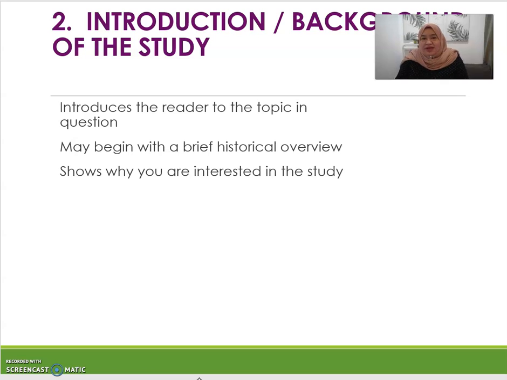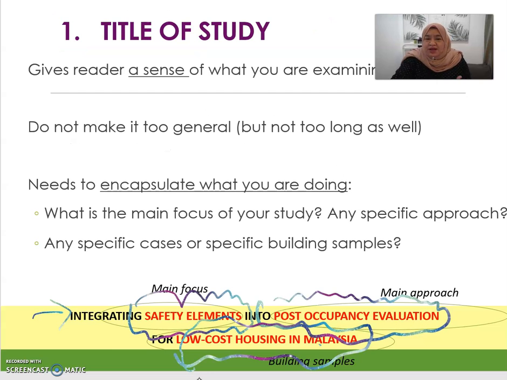Secondly, you have to look at how to write a good introduction and the background of a research. It's actually an introduction to a reader about your topic and the question that you pose in your research. Remember that I have told you what you need to include in your title: the main focus, main approach, and the building samples.